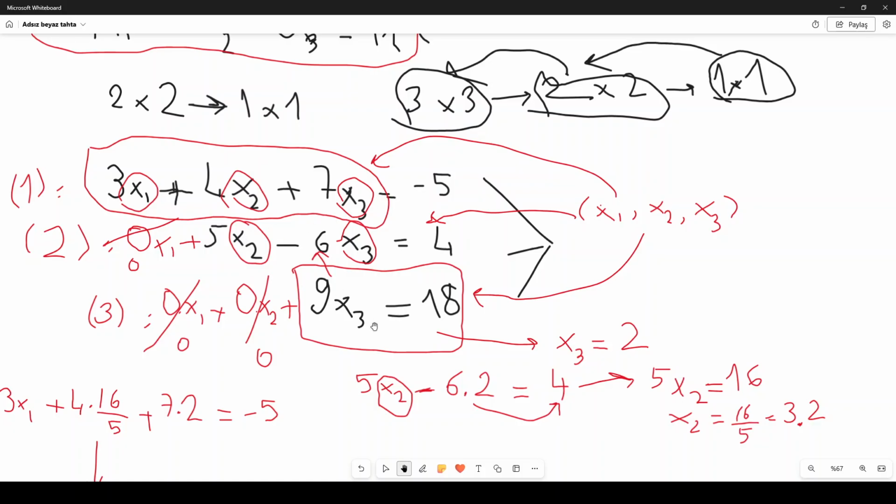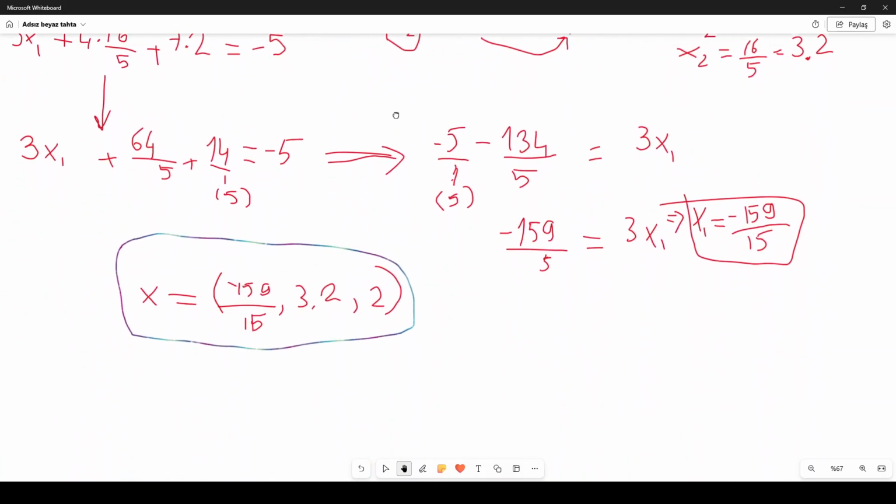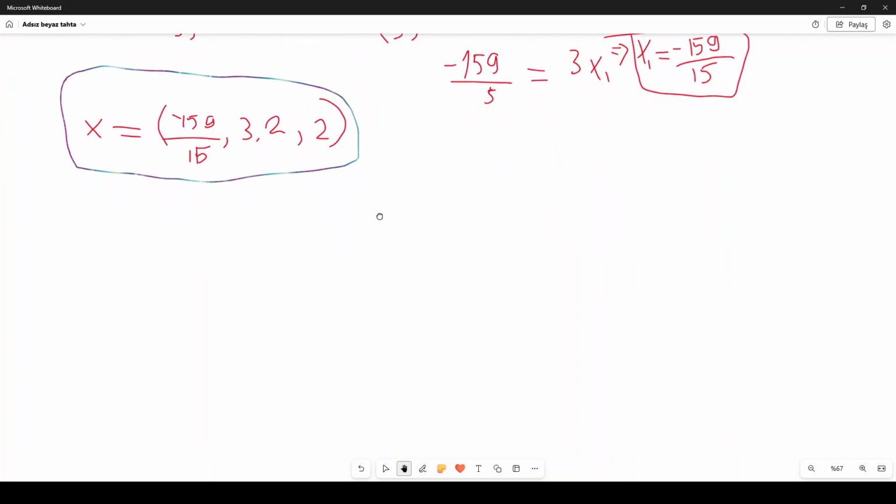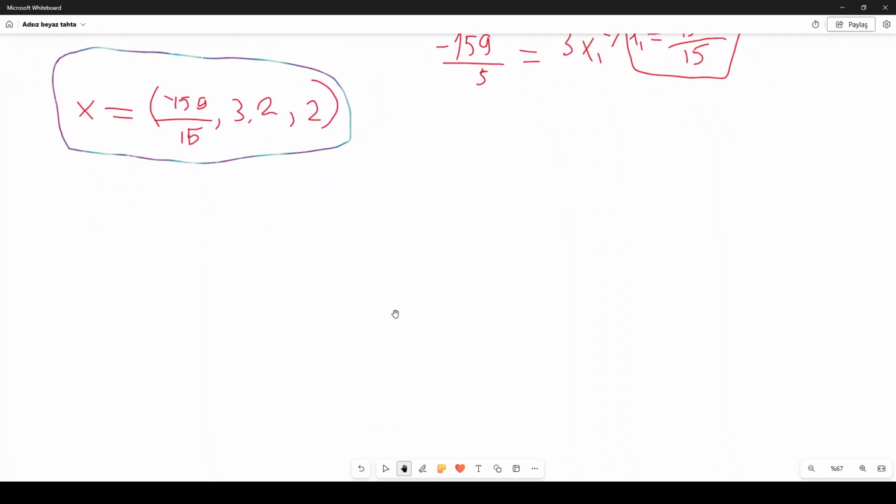Alright guys, let's finish this by defining what a triangular system is technically. Here's the thing. Suppose I have a matrix.